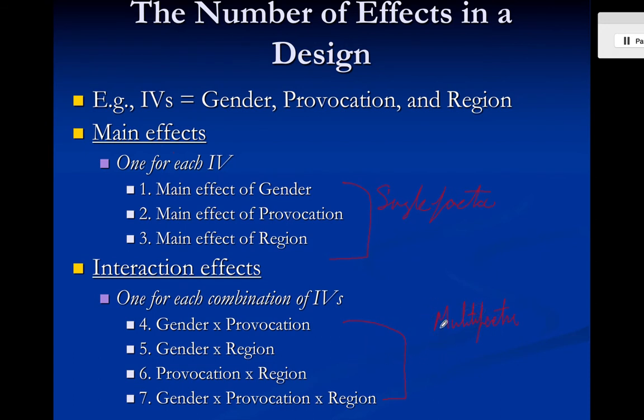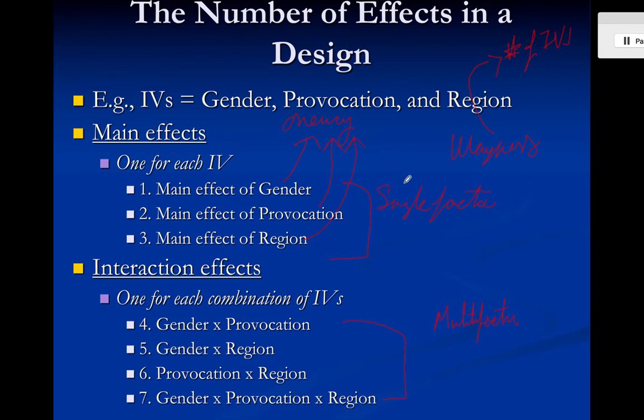Very important, remember, I've already introduced this idea of what we call wayness. I introduced it in my previous lecture on ANOVA. Wayness referred to the number of IVs. Remember when I used the term one way, that references one independent variable. Here, each one of these single factors is essentially a one way: the one way for gender, one way for provocation, one way for region.